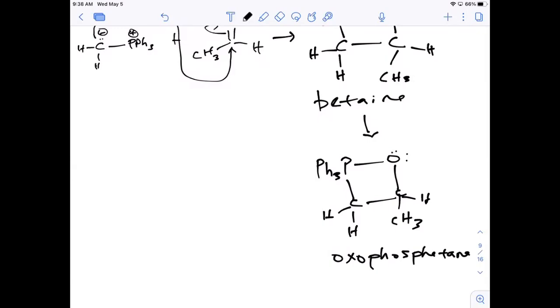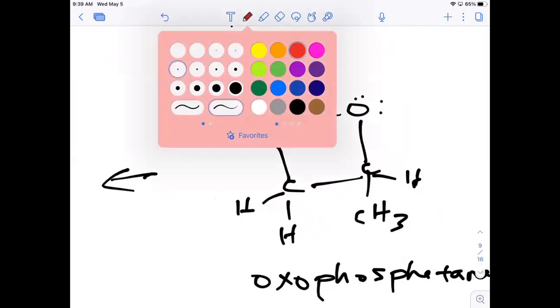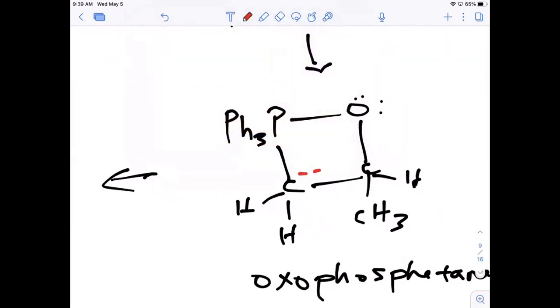That is the intermediate. Can you see, we're almost to the point now where if you put a double bond here, you can see your alkene already? So how would we get a double bond there? This is also a key step. Mechanistically, with this reaction, it's always the ring closure followed by decomposition of the ring.